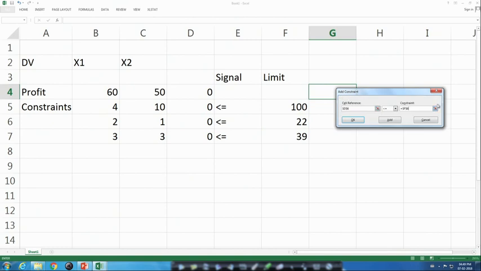So, we can freeze these, then again we go to add the third constraint, that is 3x1 plus 3x2, and against it the sign is again less than type, and the constraint availability is B3, which is nothing but 39. Okay. So, now this is ready.